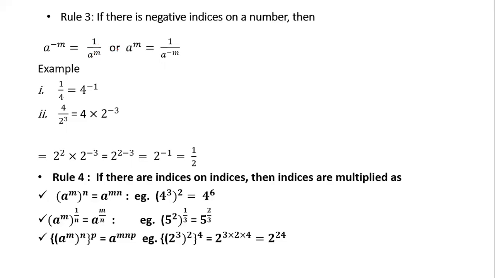Good. Or if I have a power m, I can also bring it down, and when it comes down, it becomes 1 over a power negative m. So for example, 1 over 4, by pushing this 4 up here, we get 4 power negative 1.